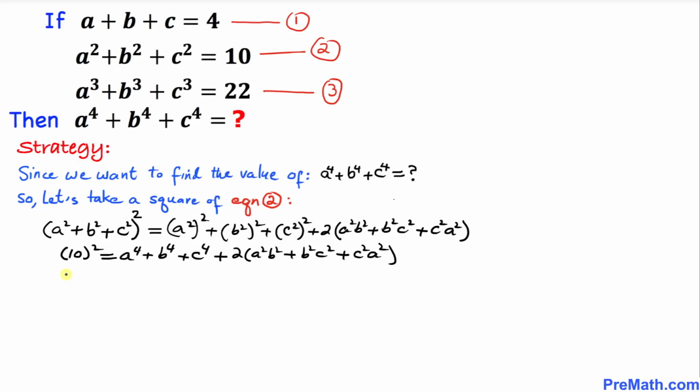So on the left hand side, 10 square is 100, and we want to isolate a power 4 plus b power 4 plus c power 4.